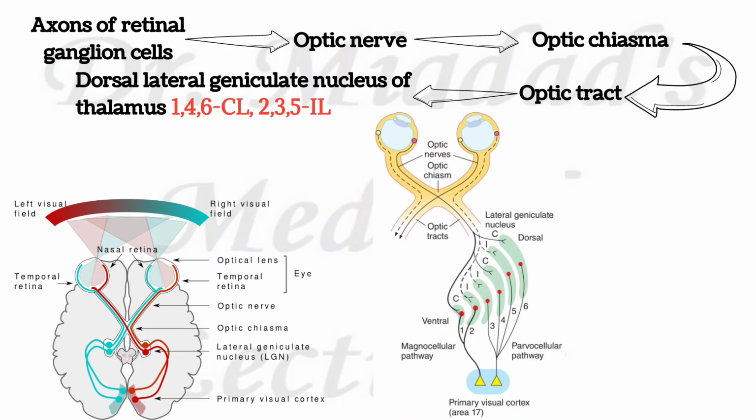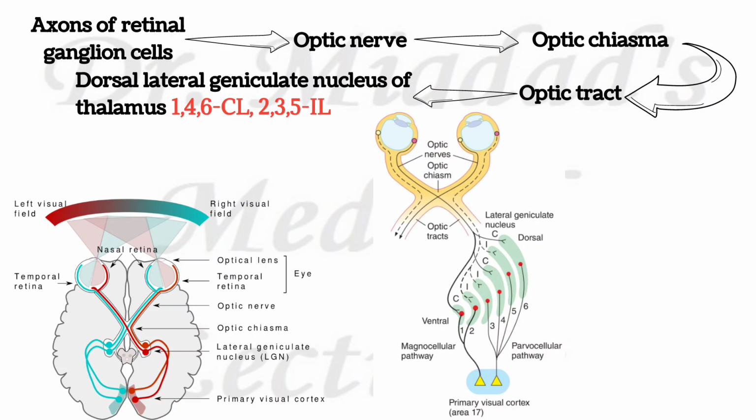In each layer, there is a precise point-for-point representation of the retina, and all 6 layers are in register, so that along a perpendicular line to the layers, the receptive fields of the cells in each layer are almost identical. It is worth noting that only 10 to 20% of input to the lateral geniculate body comes from the retina, whereas major inputs come from the visual cortex and other brain regions.